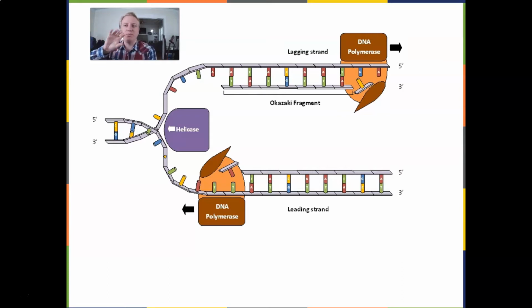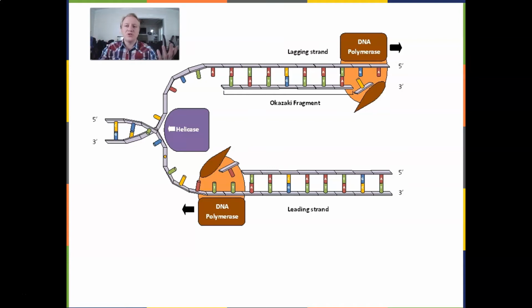That's its job, to build a new strand of DNA. That's the main thing. The other thing to know is that DNA polymerase only can work in one direction. I was talking about 5', 3'. I don't necessarily need you to know which direction it can work in, but you need to know that DNA polymerase only goes one way. The other thing you should know is that DNA polymerase also doesn't know where to start, which is where our next enzyme is going to come in.